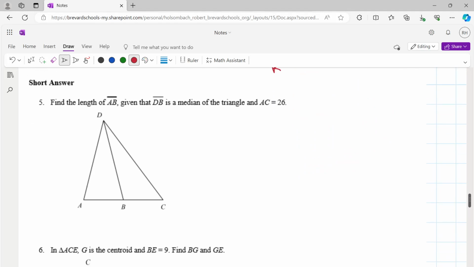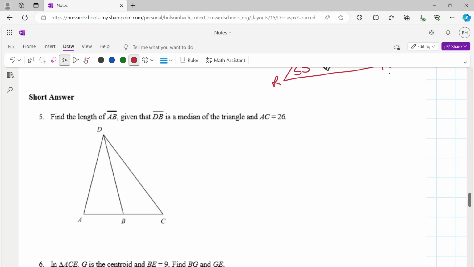Number 5. Find the length of AB, given that DB is a median. A median goes from a vertex to the opposite side, and it splits it in half. So AB is congruent to BC.